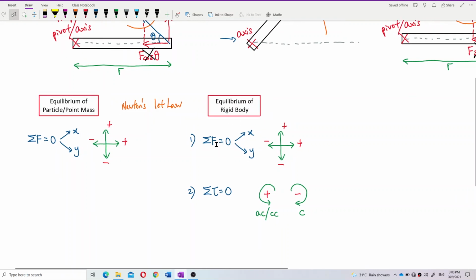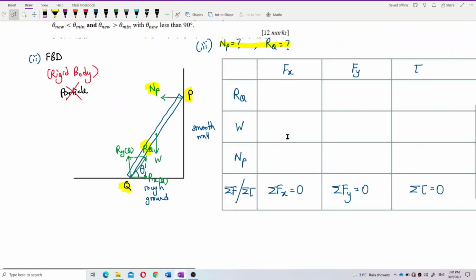For total force equal to 0, we have X component and Y component. Just take the forces to the right as positive, to the left as negative. Going upward is positive, going downward is negative. The horizontal is the X component, the vertical is the Y component. Very simple.